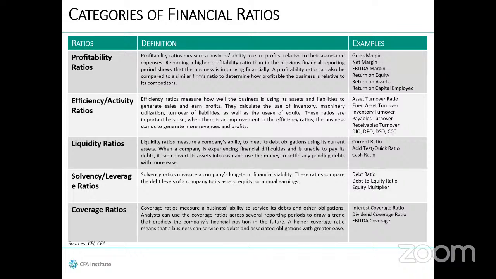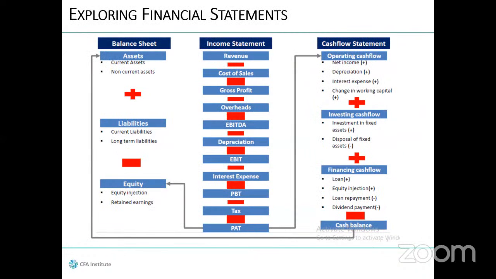So coverage ratio tries to measure the ability of the company to make returns to the providers of capital. So when you pick dividend coverage ratio, from what level in the income statement? Let me try and make this a bit interactive.